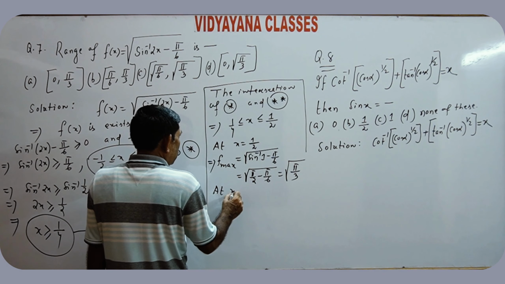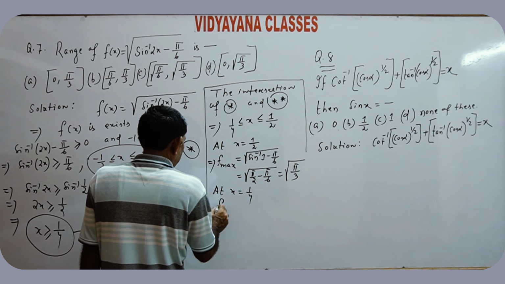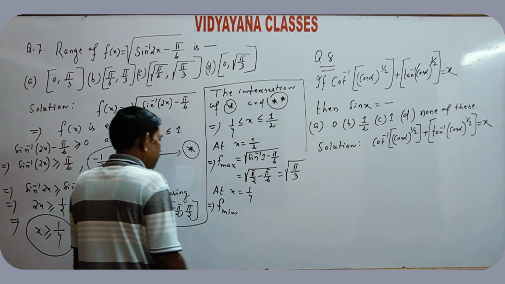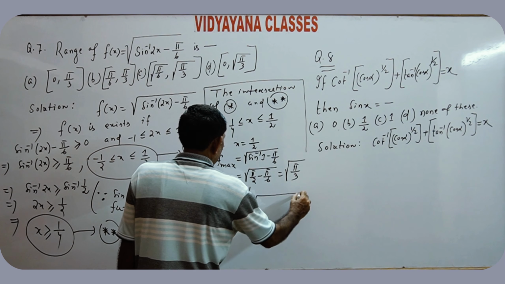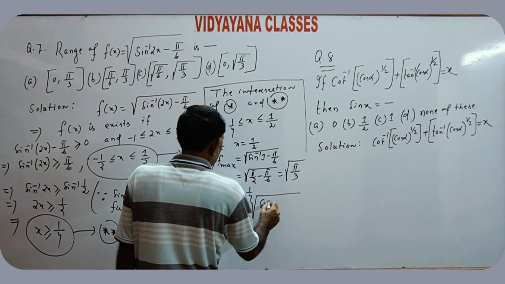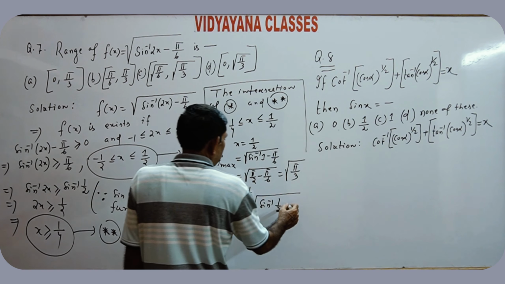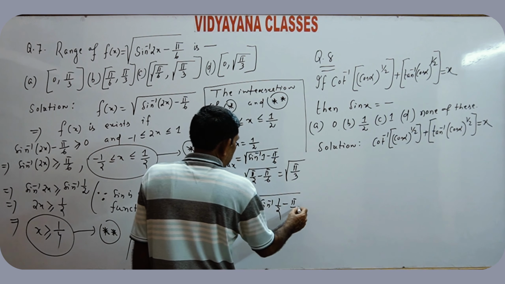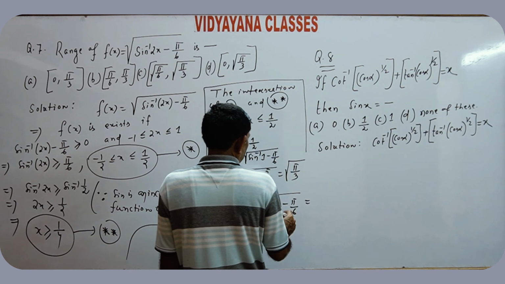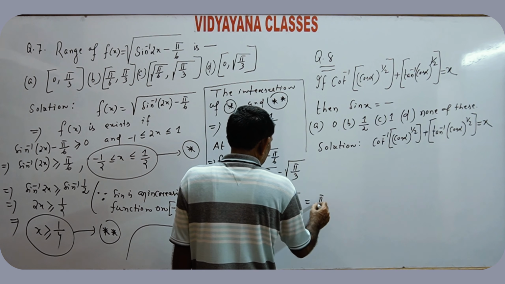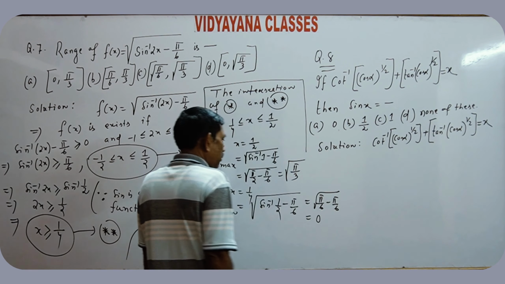At x is equal to 1 by 4, f is minimum. F min is square root of sin inverse 2x, which is equal to sin inverse half minus pi by 6, that is equal to 30, pi by 6 minus pi by 6, square root, which is same as 0.